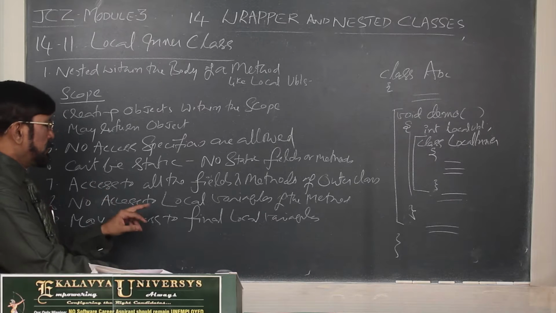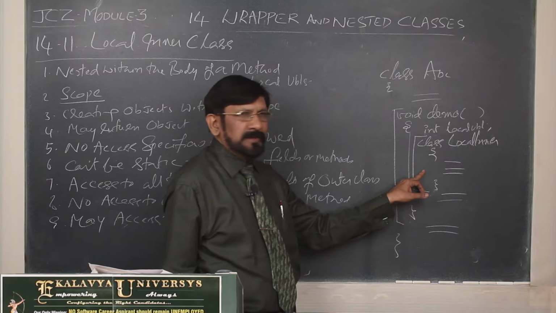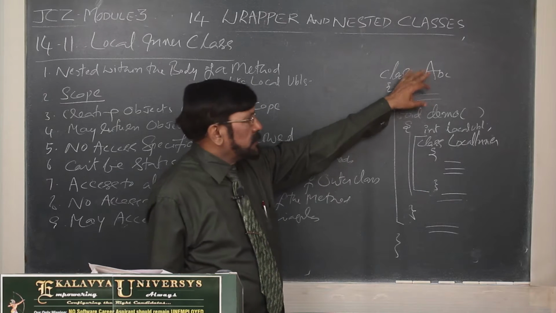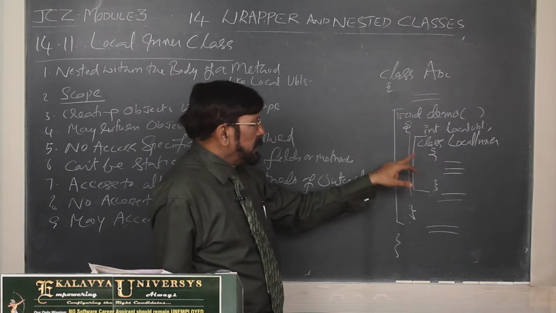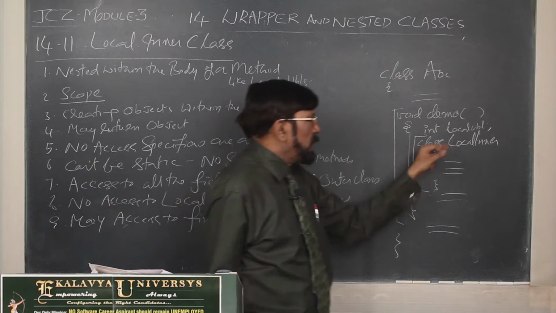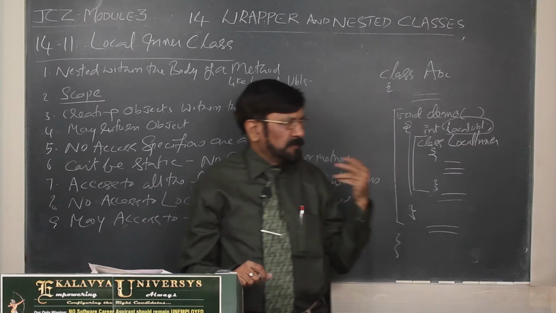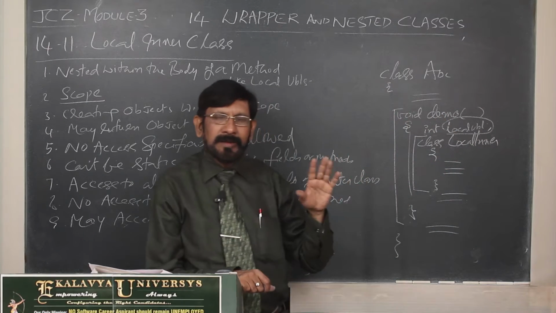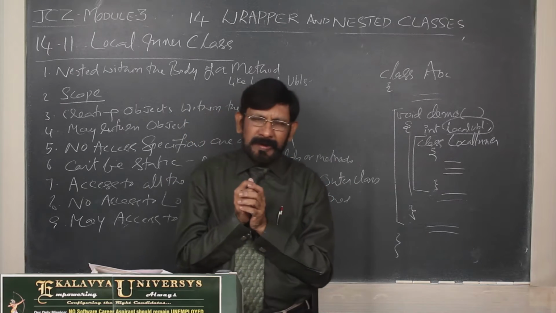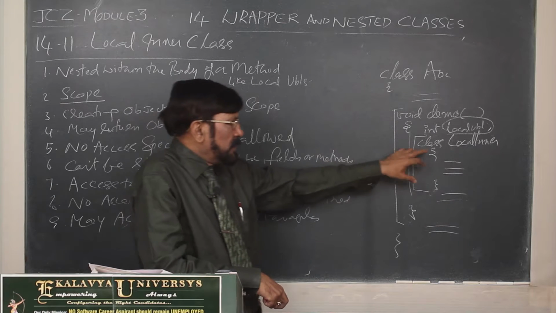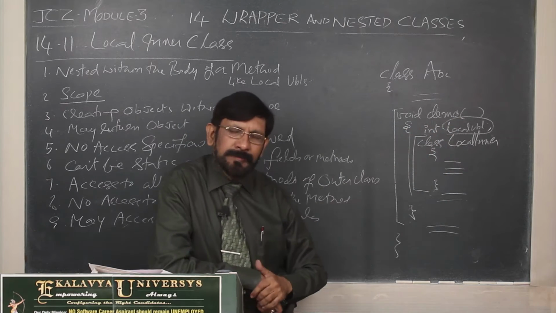And here one peculiar feature is there. Local inner class can access the members of the outer class ABC, but it is not allowed to access the local variables of this method. It looks somewhat peculiar, but it is a fact. You must remember that. Why is local inner class not allowed to access local variables?